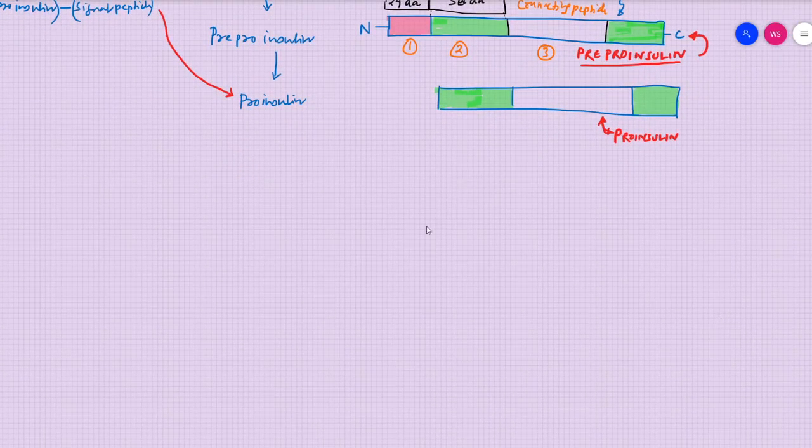So let's draw this how we see it in the body. Okay, so this proinsulin, we are going to draw a folded depiction. Okay, the same thing, but it's kind of folded.